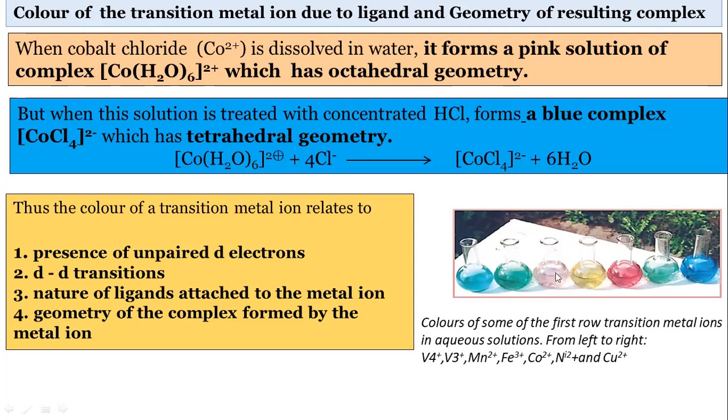This is Mn2+. This is iron 3+, Fe3+. This is cobalt 2+. This is nickel 2+, and this is copper 2+. This is shown for your understanding purpose, how the colors change if the unpaired electrons are changed. For the examination, it is not expected to remember which color is for which cation, but we have to remember these points.